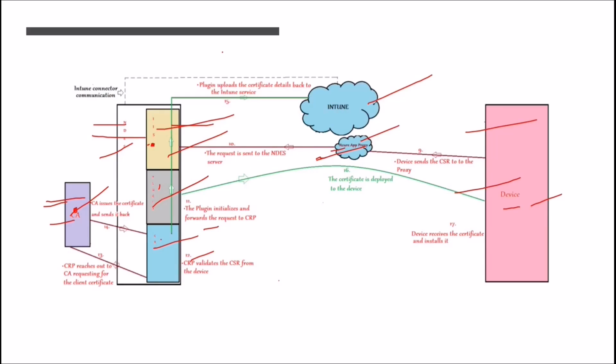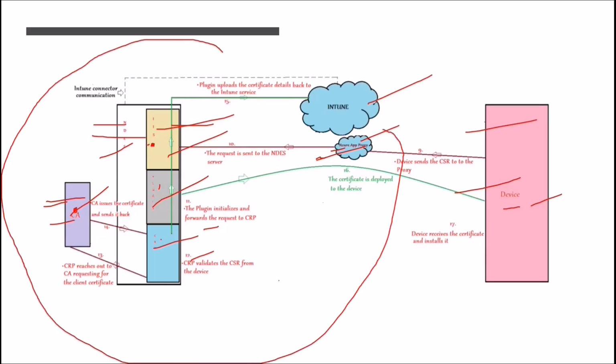Now, what we have done is we have come up with a new offering called Microsoft Cloud PKI, wherein everything that you see inside the red circle is now removed. And that is now lifted and shifted inside of Intune or inside of Azure.